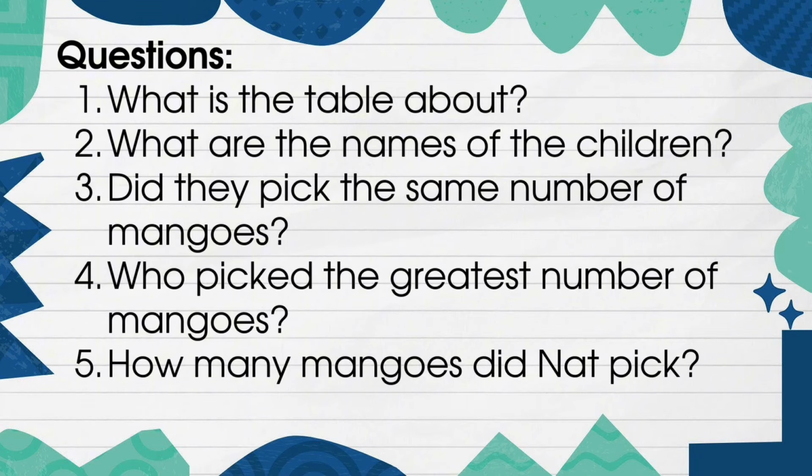Now let's answer the following question. Number 1, what is the table about? Number 2, what are the names of the children? Number 3, did they pick the same number of mangoes? Number 4, who picked the greatest number of mangoes?